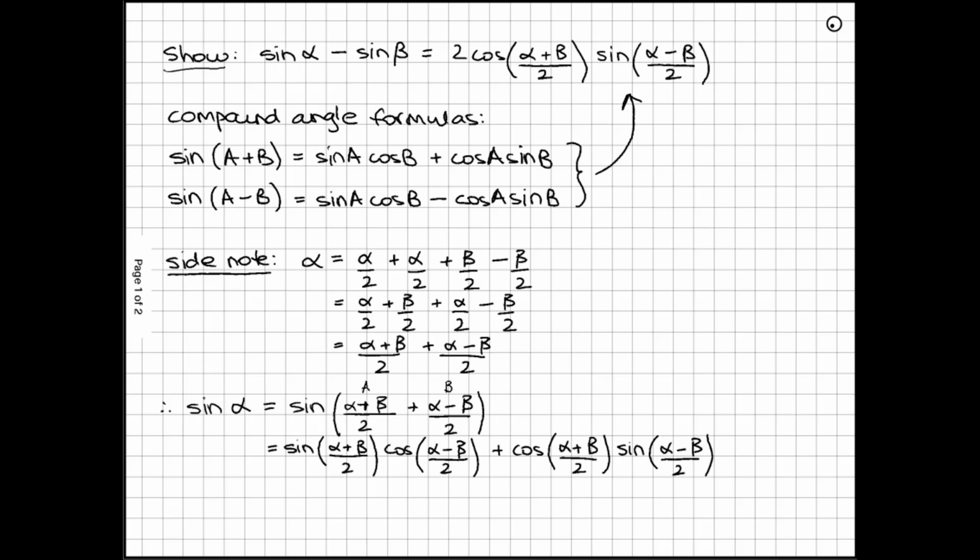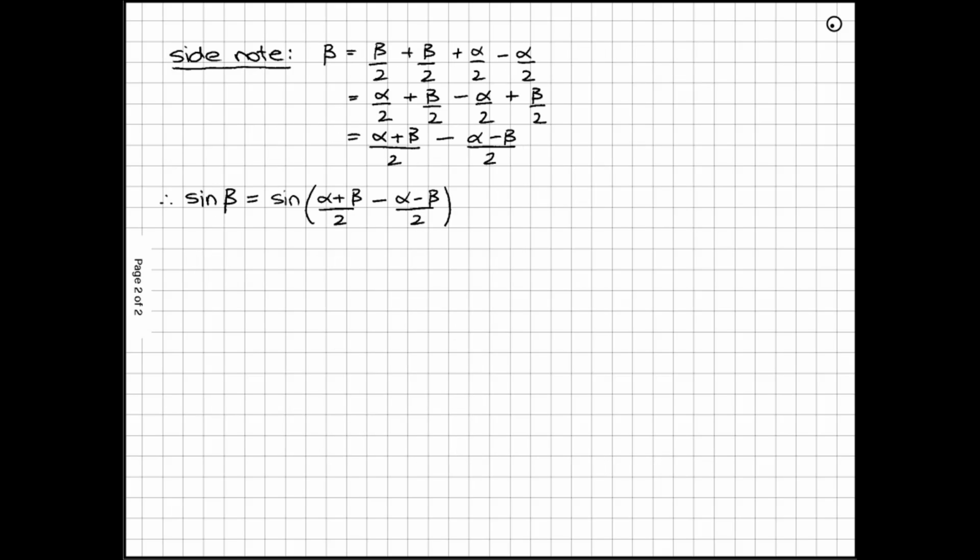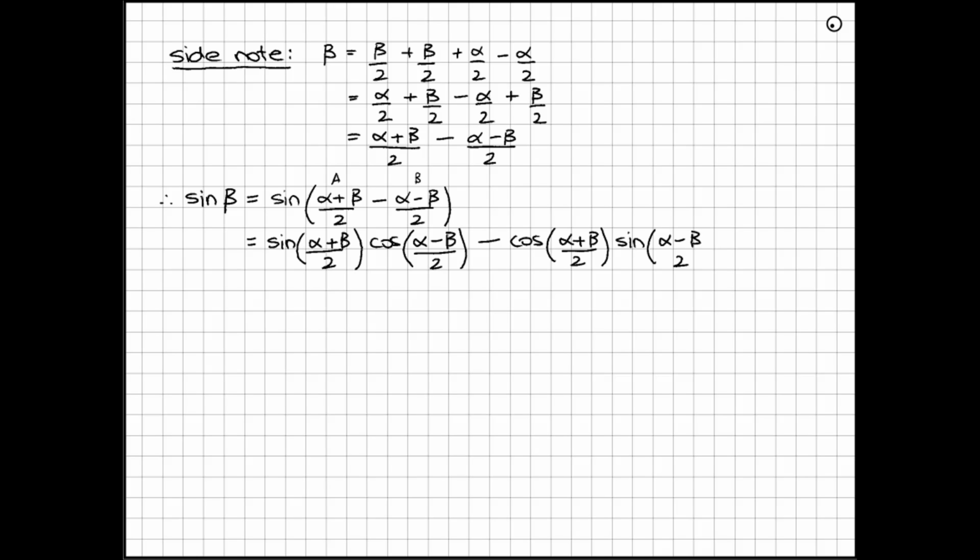So if I just come back, we've got this sine of A minus B being sine A cos B minus cos A sine B. And again, wherever we see alpha plus beta on 2, we can think of that as our capital A, and alpha minus beta on 2 is our capital B. So therefore, we can say sine beta is equal to the sine of alpha plus beta on 2 times the cosine of alpha minus beta on 2 minus the cosine of alpha plus beta on 2 times the sine of alpha minus beta on 2.